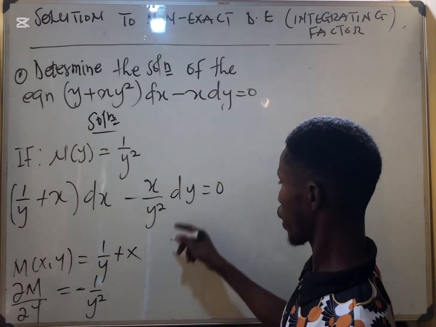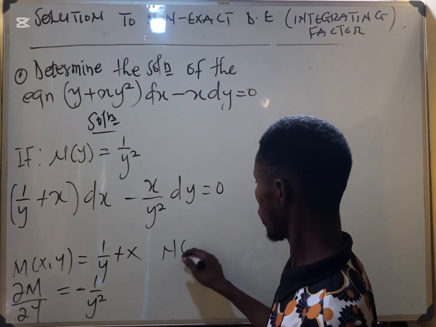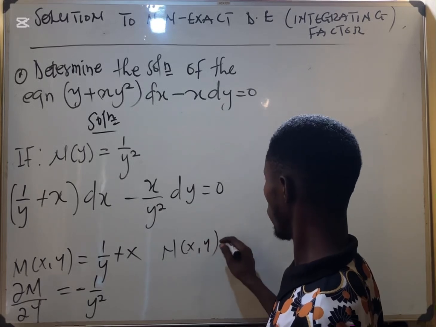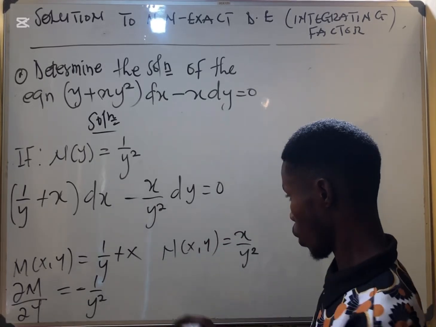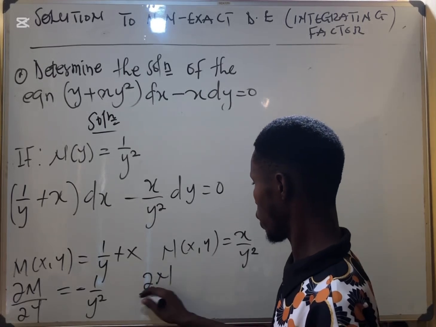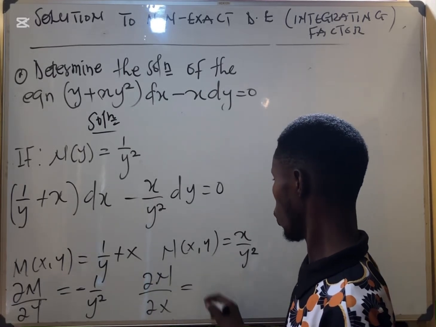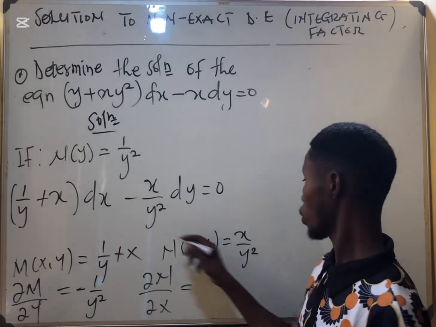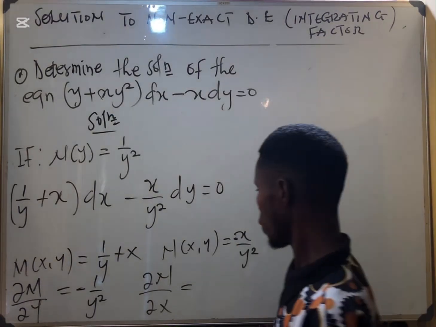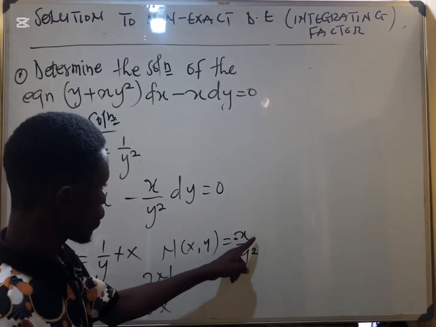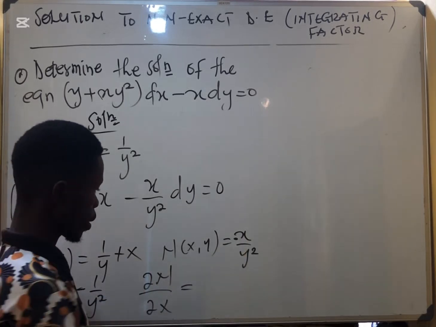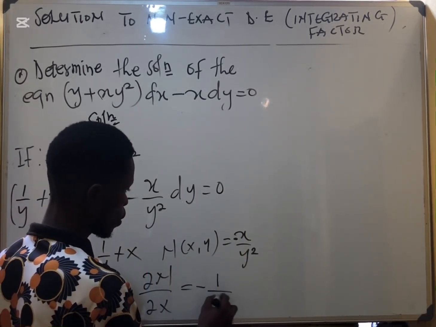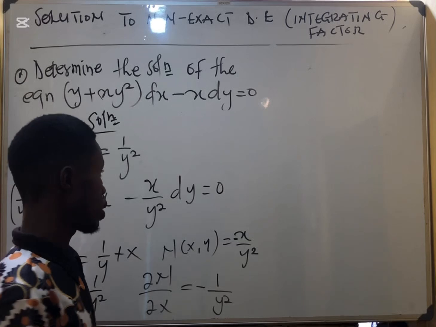Then let's take the other one. N in terms of x and y will be x over y squared. So I'm going to take delta N delta x, and remember there's a negative here, so let me bring that negative. Negative x, I'm differentiating with respect to x, so if I differentiate x, I'll get 1, so I'll have negative 1 over this.